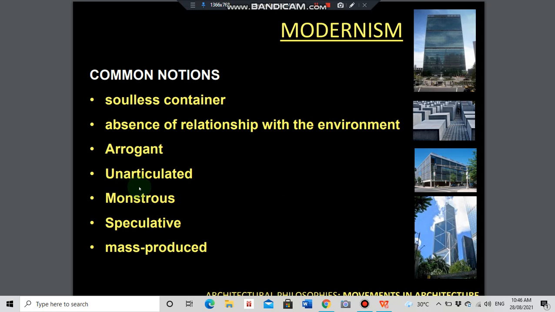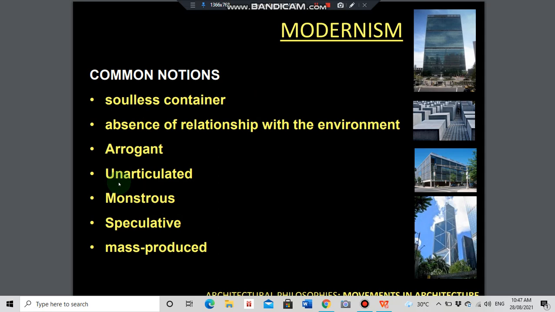Then, unarticulated, or we can call that coherent, means logically or aesthetically ordered or integrated. Then, another common notion about modernism is monstrous. Monstrous, massive, high-rise, large, complex, gigantic, enormous, huge. So that is common notions about modernism.